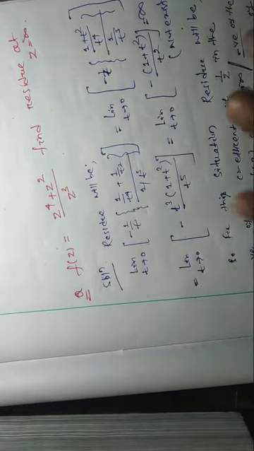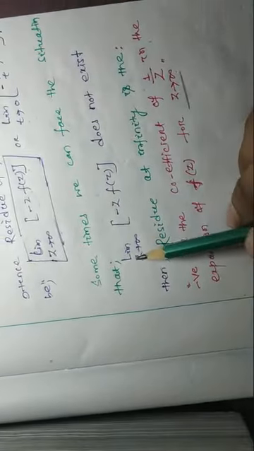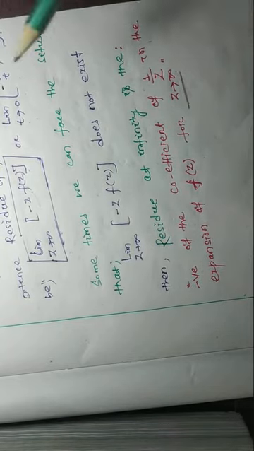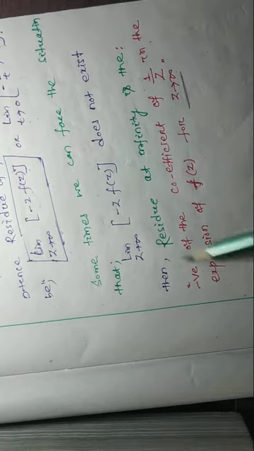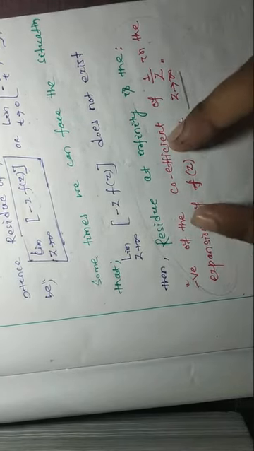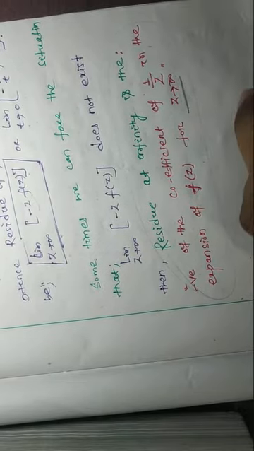In this problem we can face the situation I have discussed, that even if we consider 1 by t instead of z, after that the limit does not exist, it will give you infinity. For that case we have to consider this statement. What is this statement? You first do the problem, you can clear it.